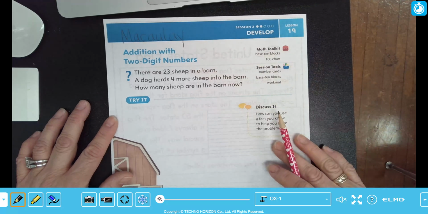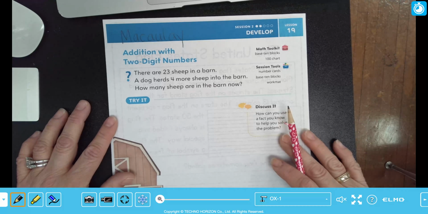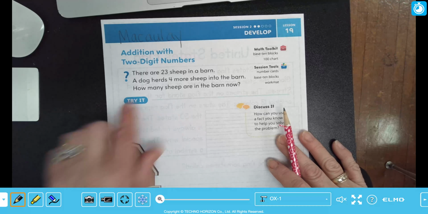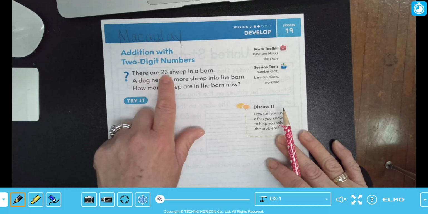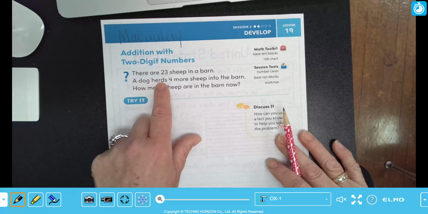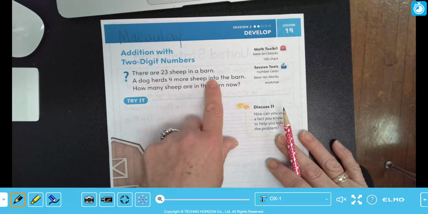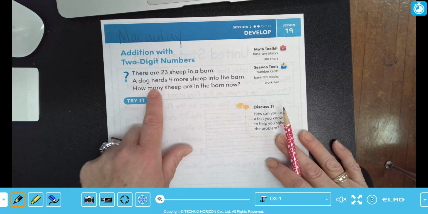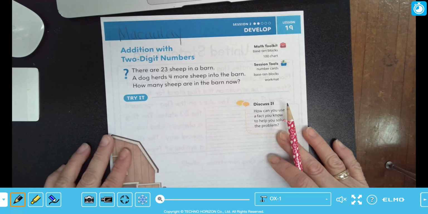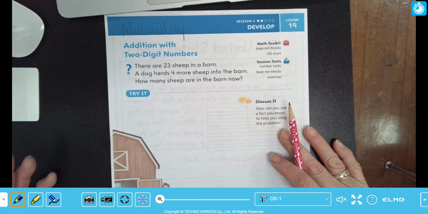So the next question is, what's happening with the sheep? I'm going to read it again, and you think of that question. There are 23 sheep in a barn. A dog herds 4 more sheep into the barn. How many sheep are in the barn now? Okay, lovies. So what's happening with the sheep?